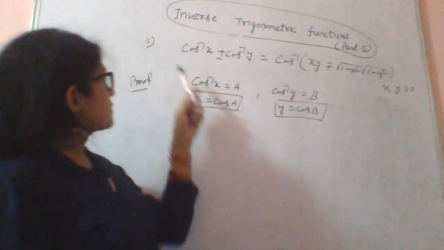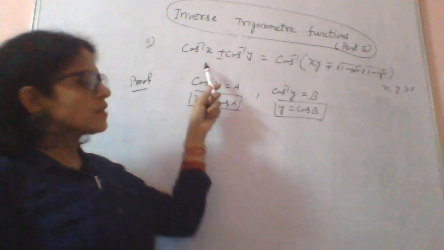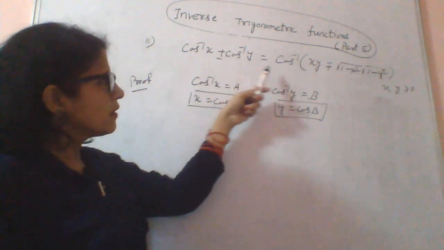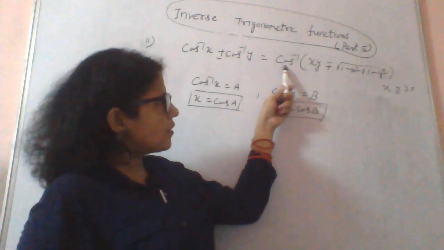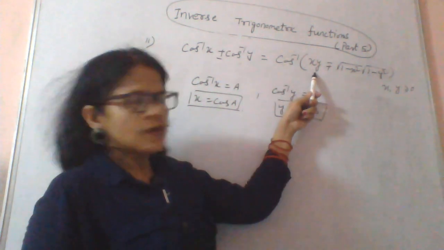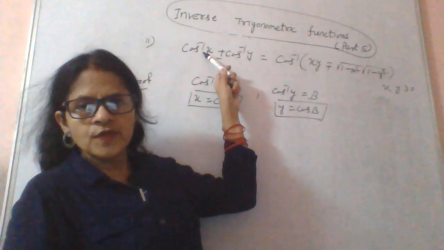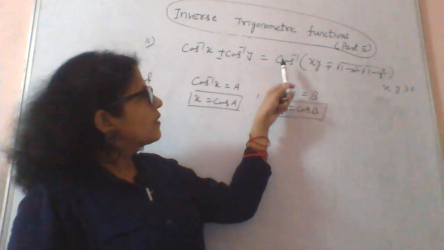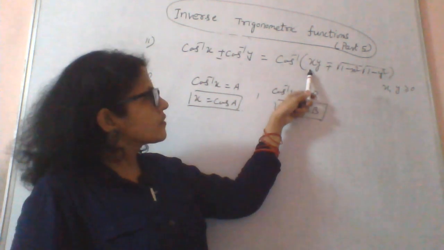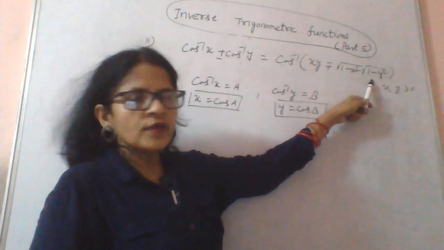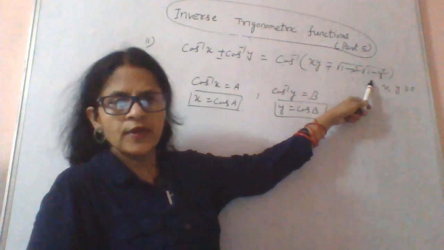So your next one is cos inverse x plus minus cos inverse y, that is equal to cos inverse x into y minus plus. So whenever you take cos inverse x plus cos inverse y, it is cos inverse xy minus under root 1 minus x square into under root 1 minus y square.